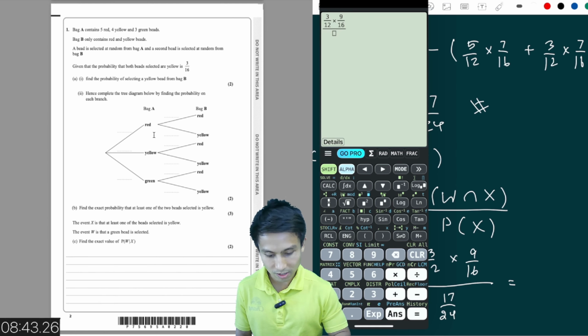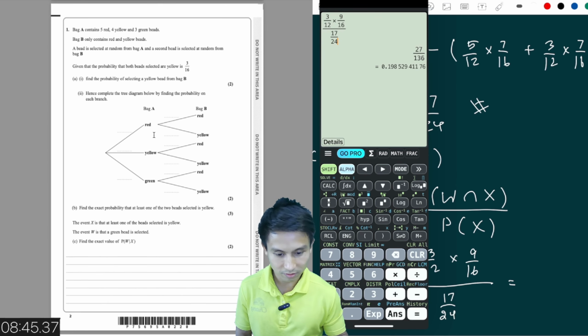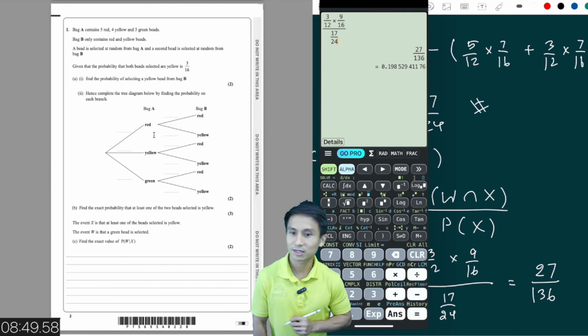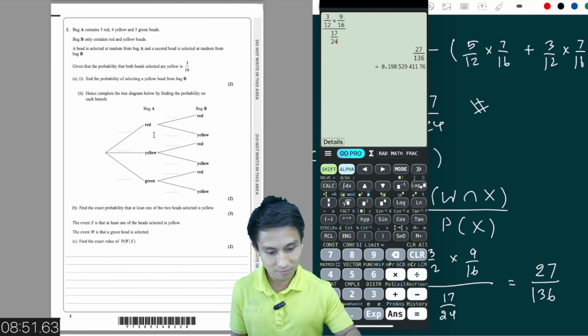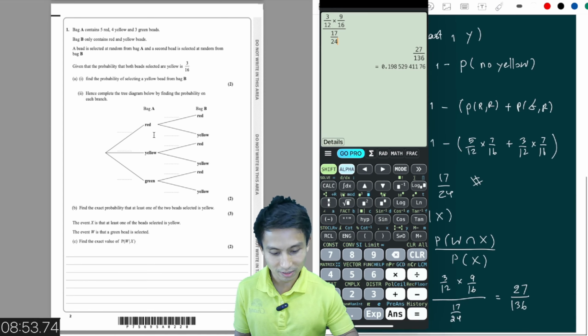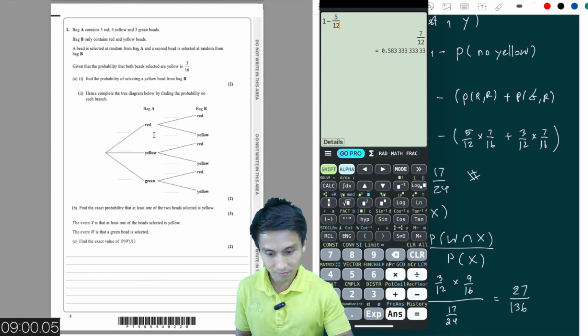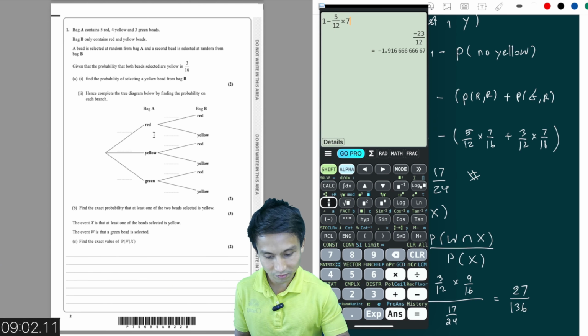And then down here we have 17 over 24. That is 27 over 136. I'm going to go with that, right? Because I think the first one was fine. Let me just check part B again, yeah? Can't be too careless with that. So 5 over 12 times 7 over 16, and then minus 3 over 12 times 7 over 16.